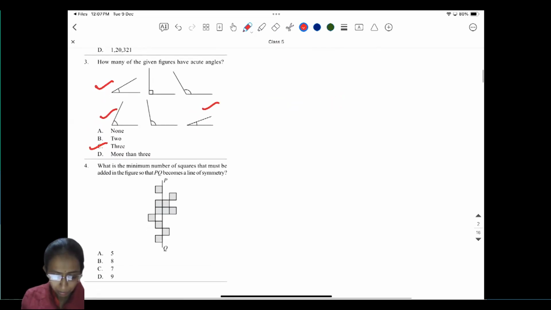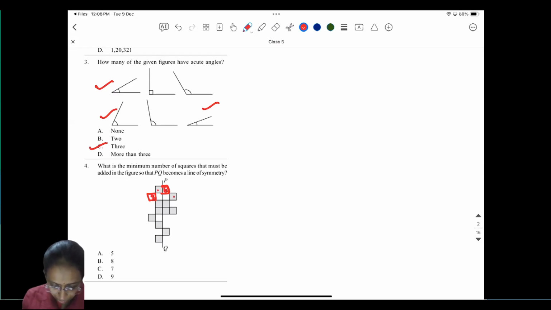Which of the following number of squares must be added so that the PQ becomes a line of symmetry? So for making this a line of symmetry, first of all, we need to add a square over here so that these two become similar. Then we will add a square over here so that these two again become similar.